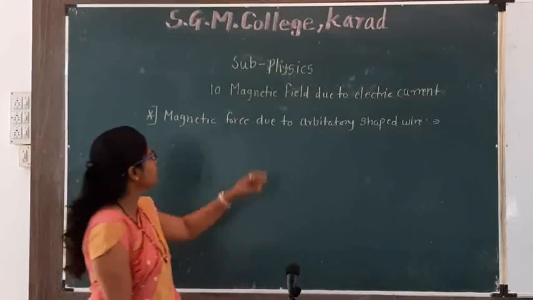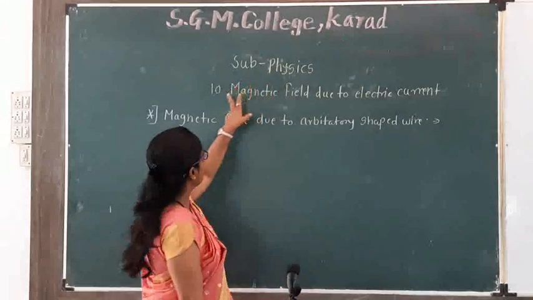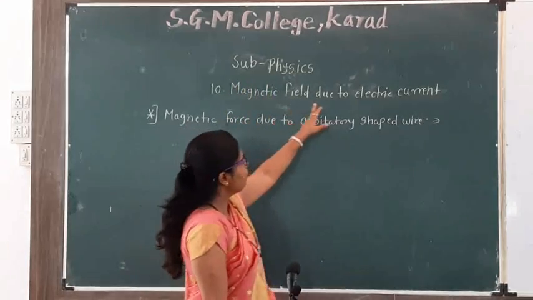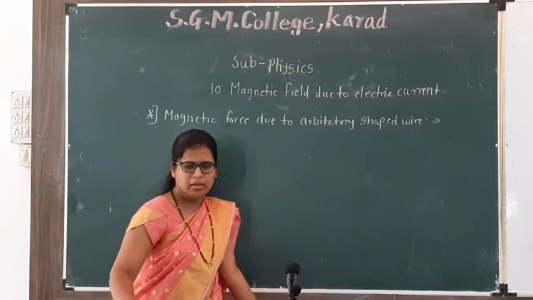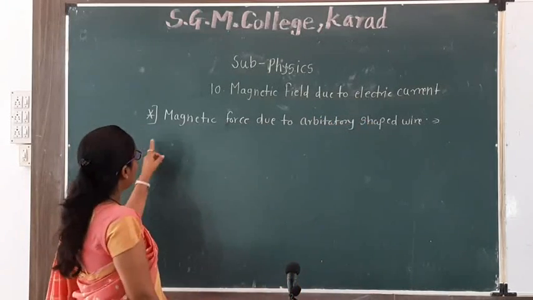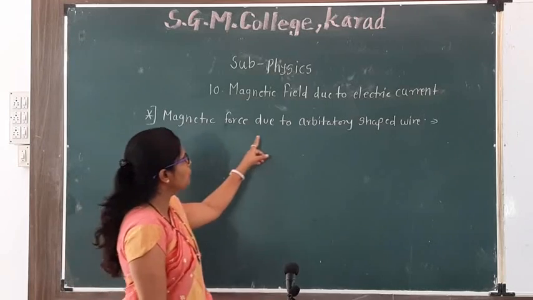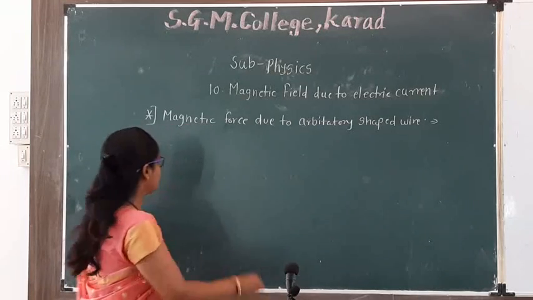Today we are going to learn the subject physics, 10th topic, magnetic field due to the electric current. Let me see now how the magnetic force acts due to arbitrary shaped wires.